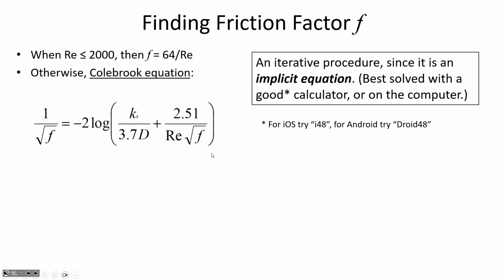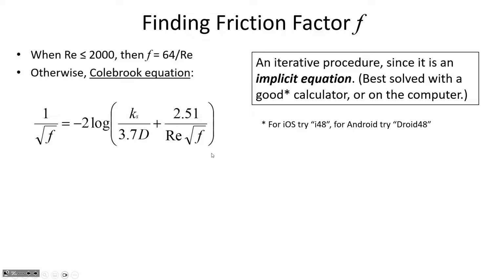And by a good calculator, what I mean is the kind that they don't sell anymore, unfortunately. The Casio calculator that you buy is not going to be convenient to solve the Colebrook equation.